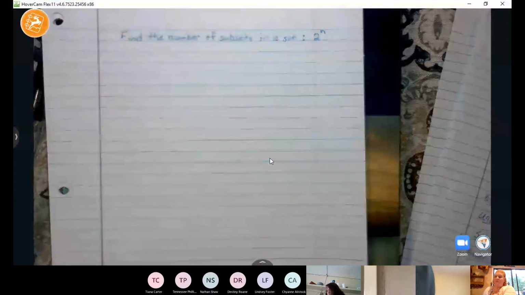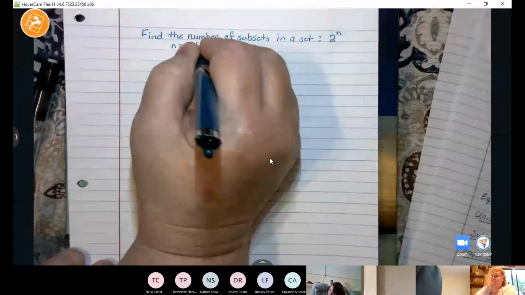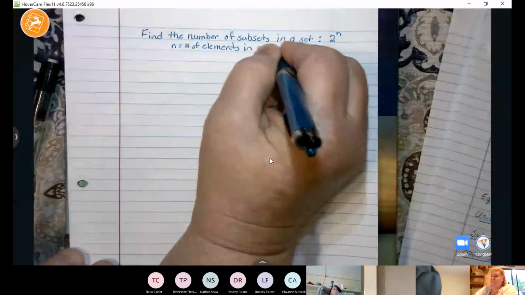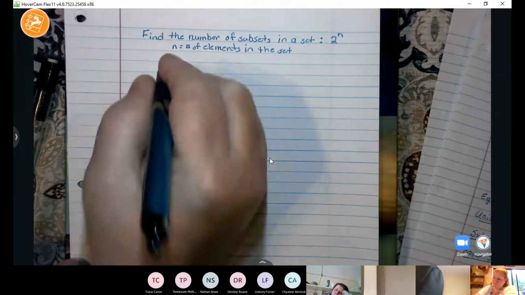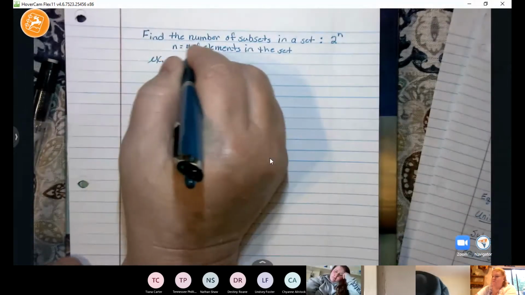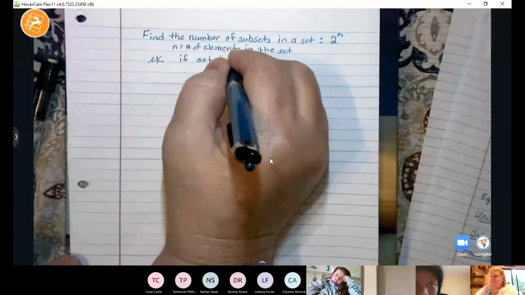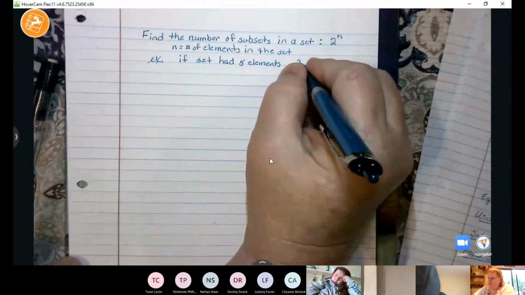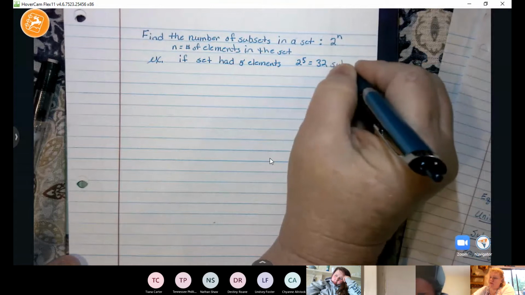The n represents the number of elements in the set. If a set had 5 elements, 2 to the 5th power means you would have 32 subsets.